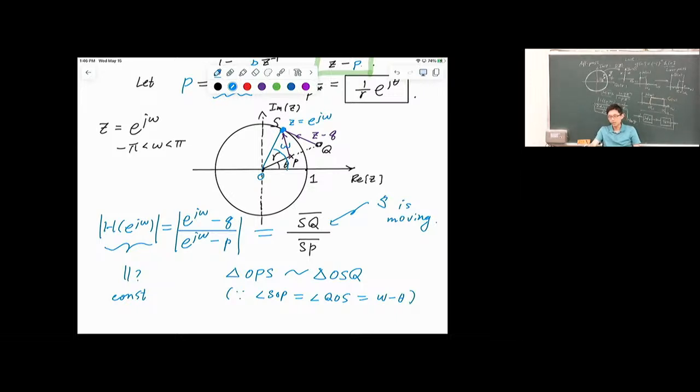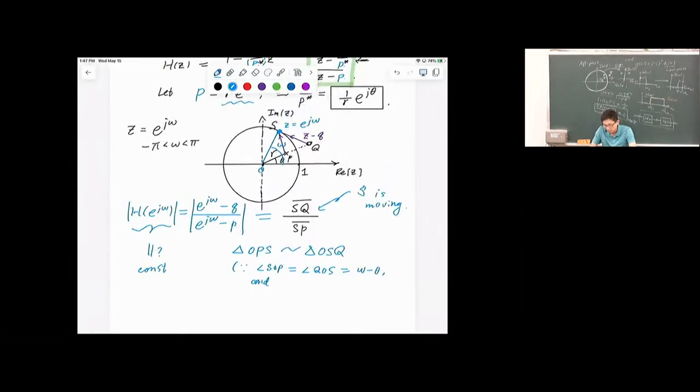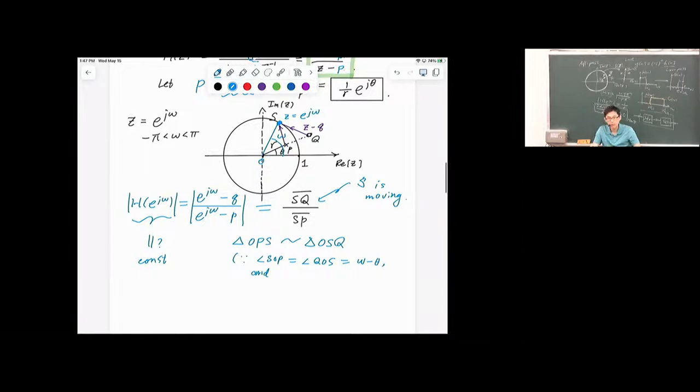And then please also notice that they are similar in that their size is subject to a scaling.